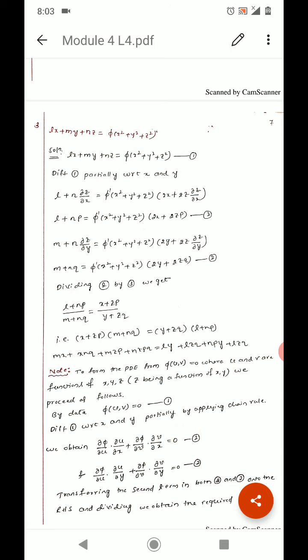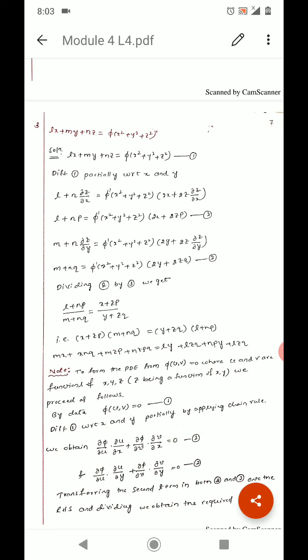Now divide equation 2 by 3. We obtain from left side l plus np divided by m plus nq, which is equal to, here the arbitrary function phi dash of x square plus y square plus z square gets cancelled. Remaining is, in equation 2 we have 2x plus 2zp.